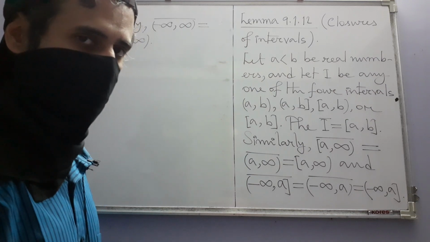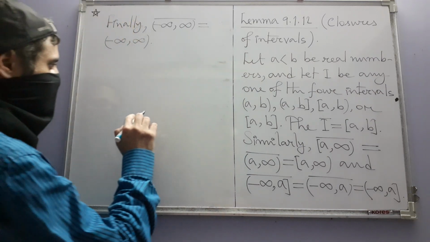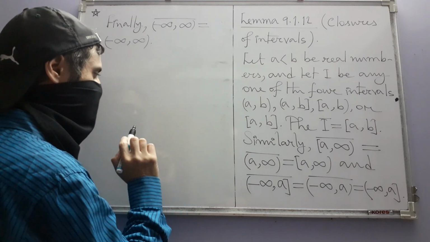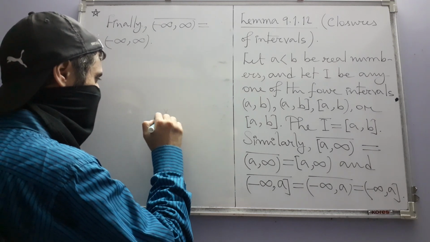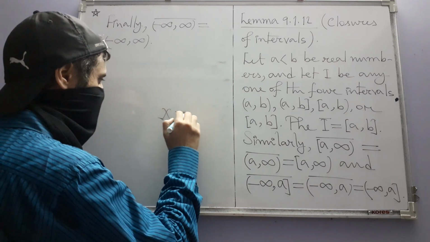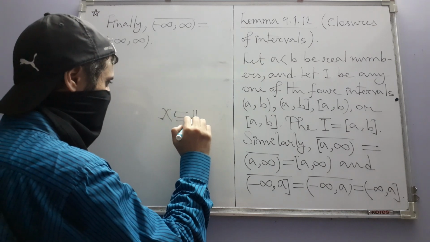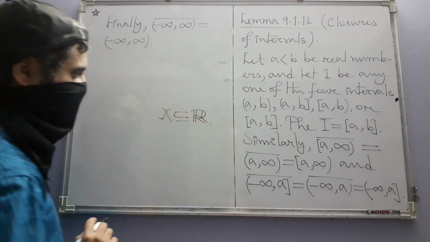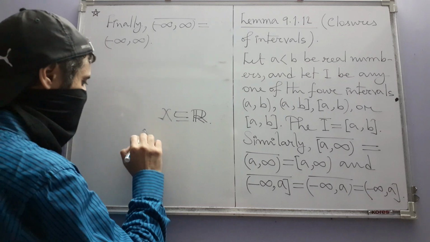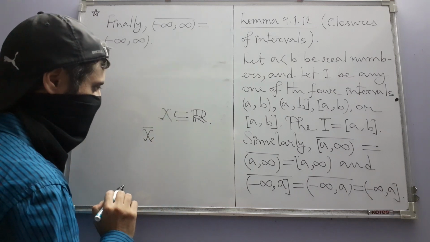Why? That's because you see the closure of a set, suppose you have X, right? X is a subset of R. What is the closure of X by definition?